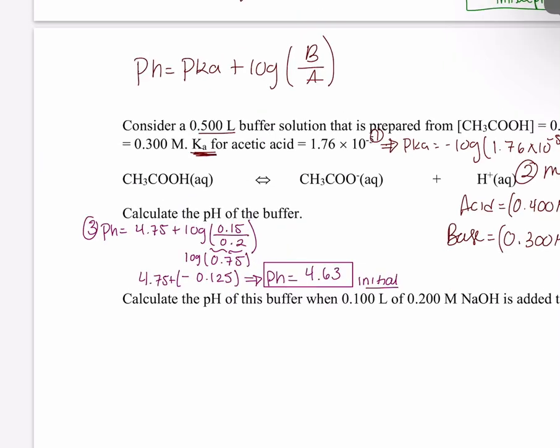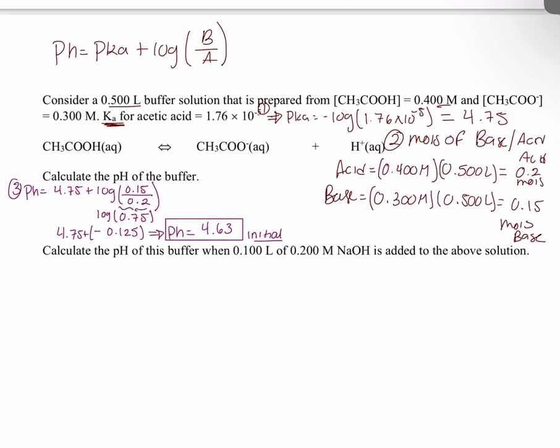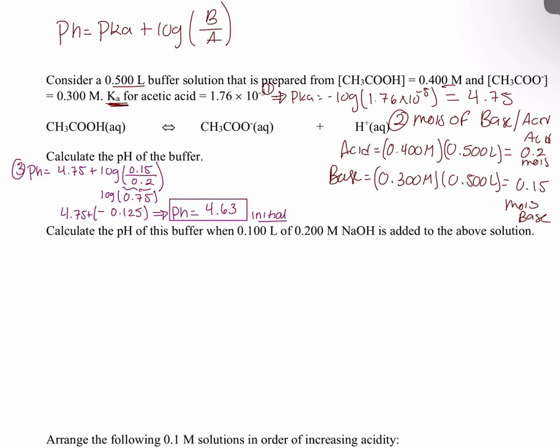Okay, so let me zoom back out. Sorry. Now we have to find the new pH. So it's asking us to calculate the pH of the buffer when we add this amount of NaOH. So what we know about NaOH is that it's a base.